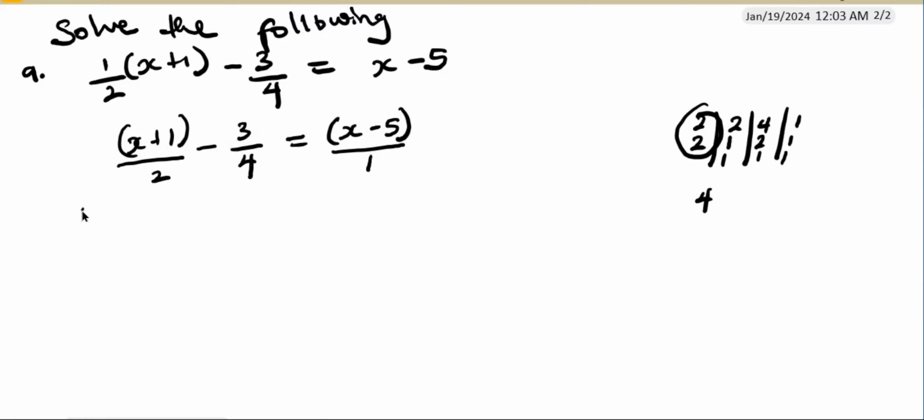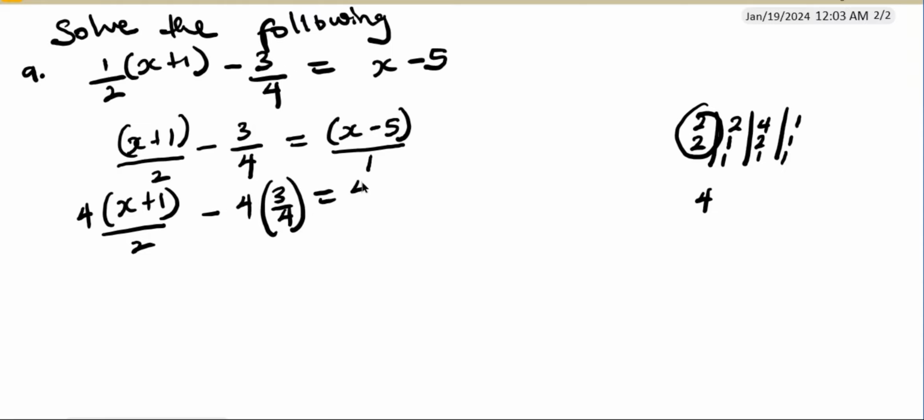So that will give us 4 into x plus 1 over 2 minus 4 into 3 over 4 equals 4 into x minus 5 over 1. So this here will go with this and give us 2. 4 will go in 4 and give us 1.